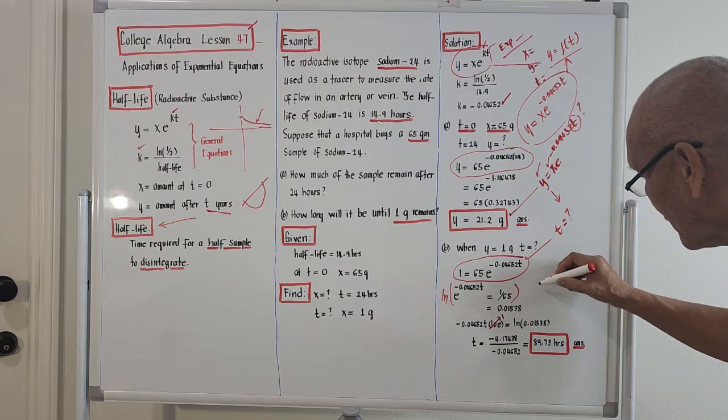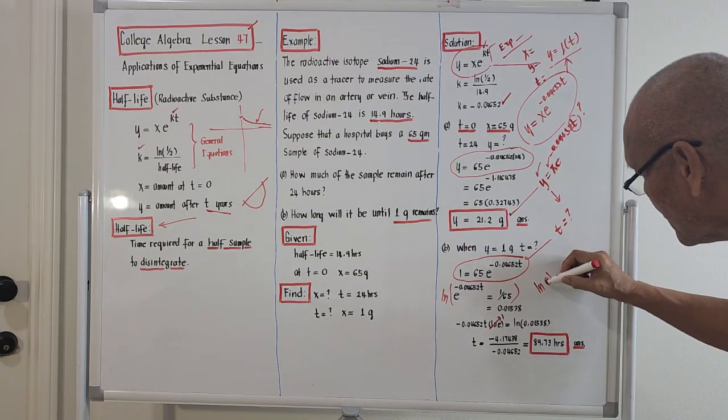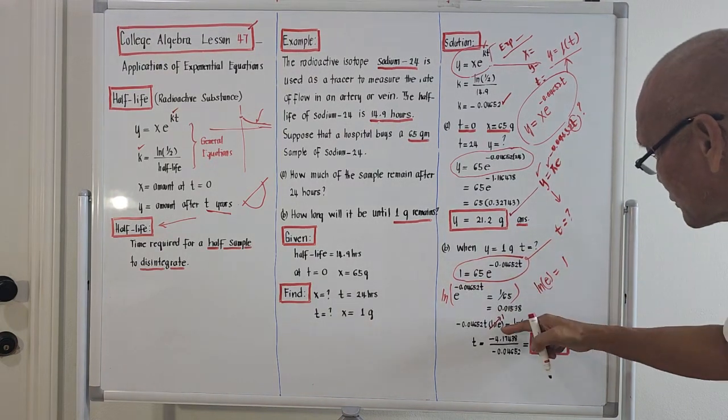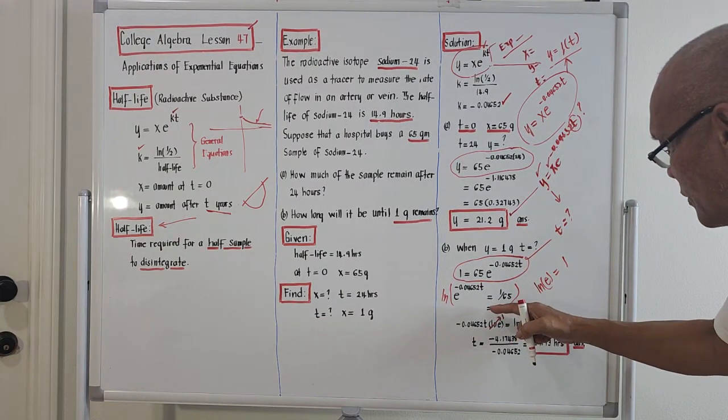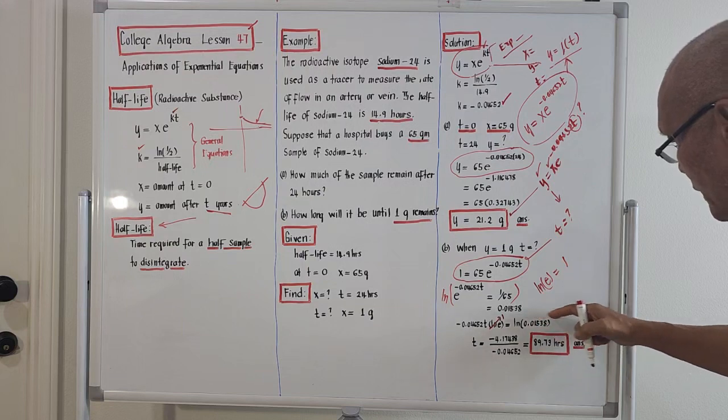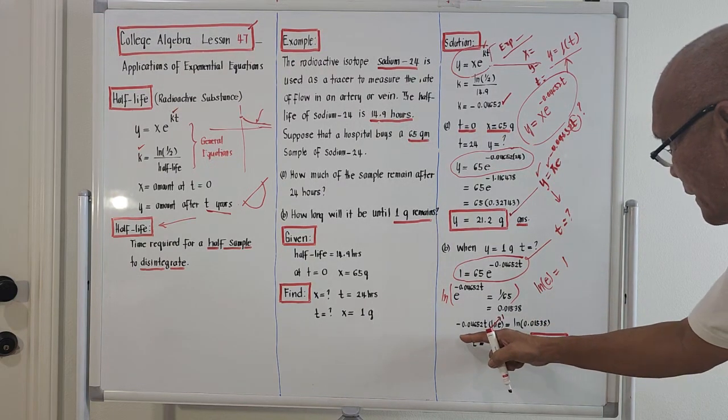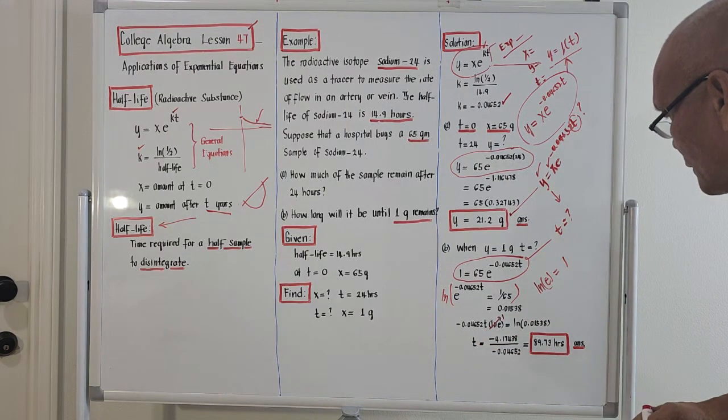And if we try to compute for t, you place the value of the natural logarithm of e to be equal to 1. So time now will be the natural logarithm of this over negative 0.04652.